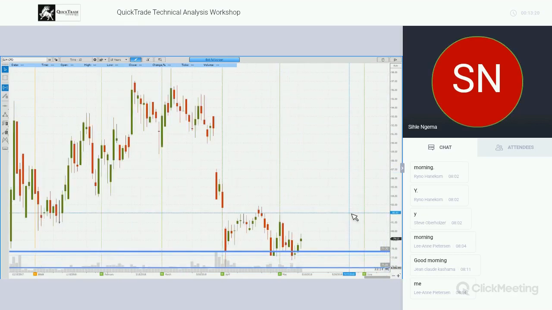Okay, so while I'm waiting for you guys to type a question, I will start with the indicator known as the Bollinger Bands, right? Now, the Bollinger Band is one of the most important indicators that we have in the market. Why? Because it's a trend following indicator. From a trend following indicator, it also measures the amount of volatility which we will be having in the market as well.